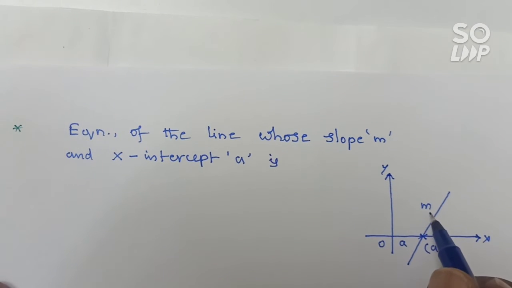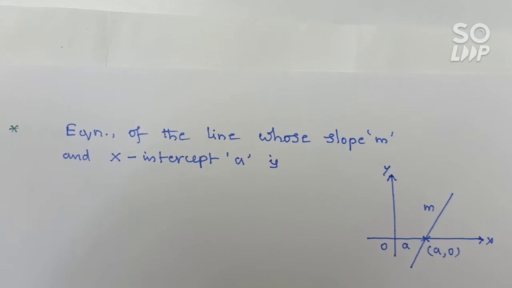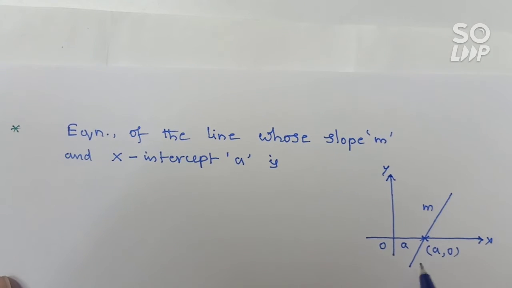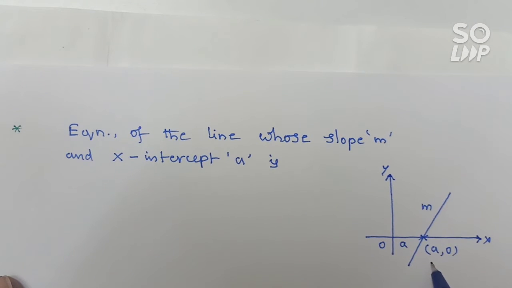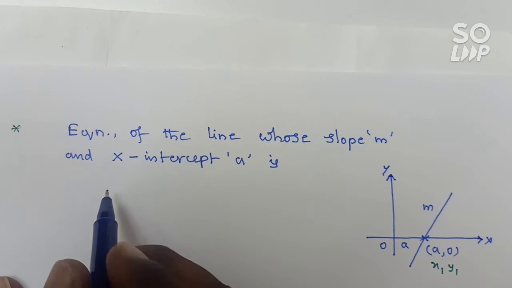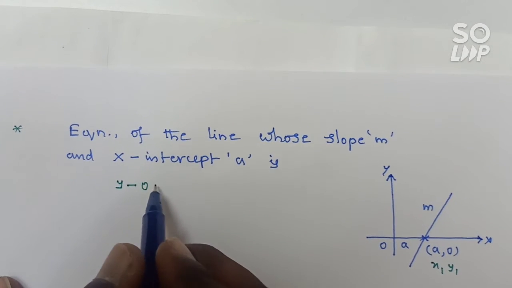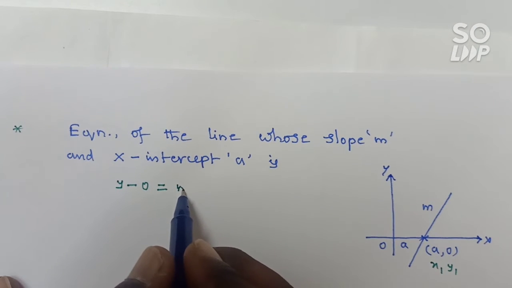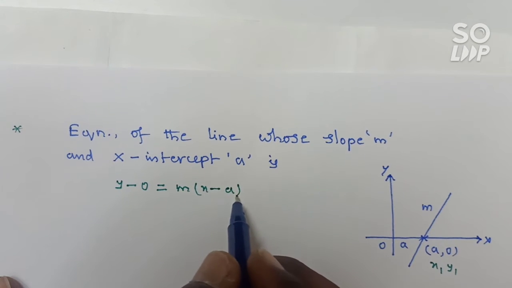We already know that if the slope and a point are given, how to find the equation of the straight line? That is by using the slope point formula. Let this point be x1 comma y1. So what is the equation of the line? Y minus y1 is equal to m into x minus x1, which is a.